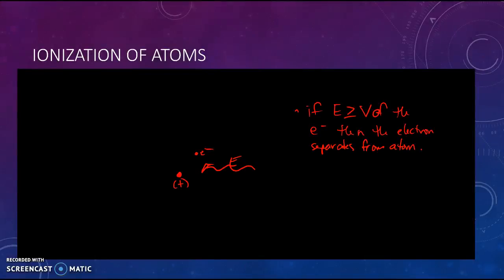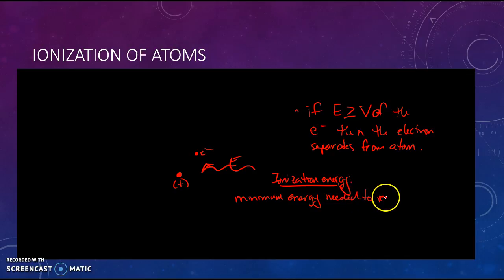Now what we call the ionization energy is the minimum energy needed to remove an electron from an atom.